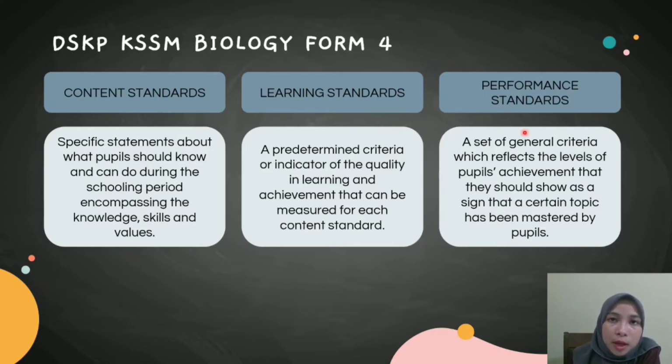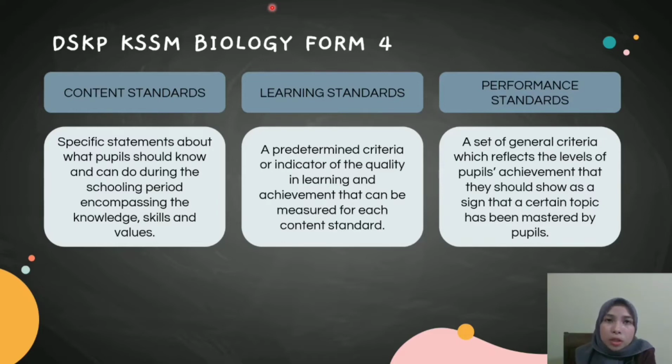Performance standard aims to gauge the achievement of students mastering the specific knowledge, skills, and values. Performance standards are also statements about the level of students' learning progress measured by the standard and also indicate the student's position in the development or progress of his or her learning.